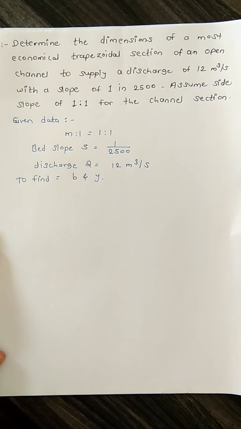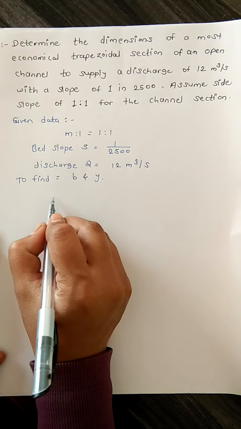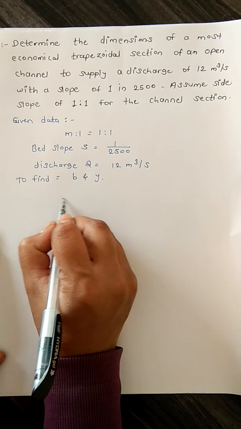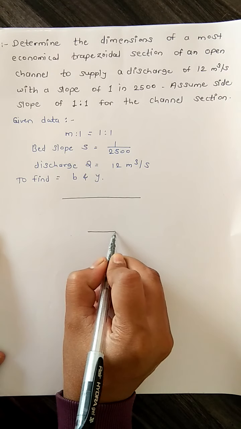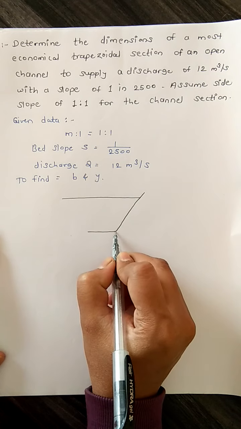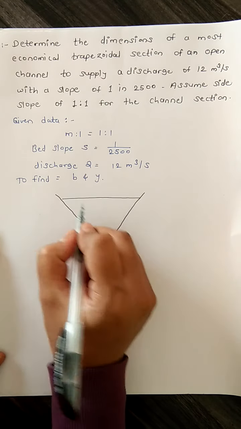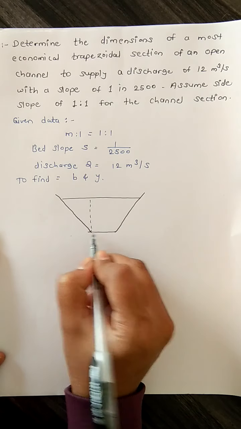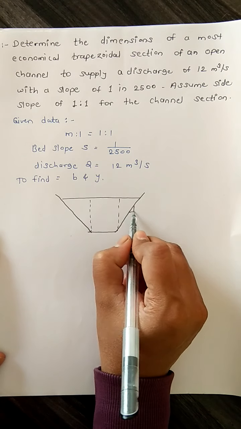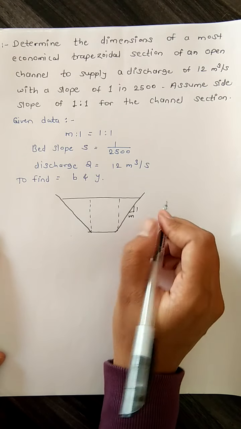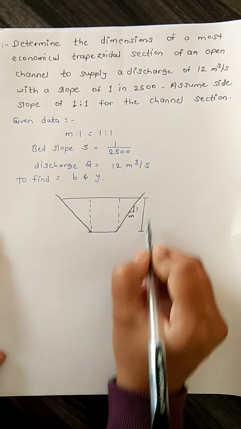For more understanding, we draw the diagram for the trapezoidal section. M/1. This is the total depth of this channel section.